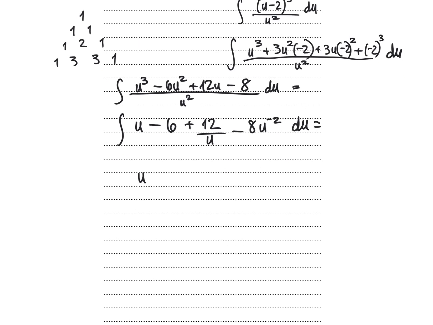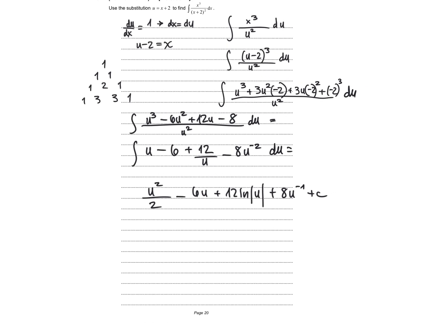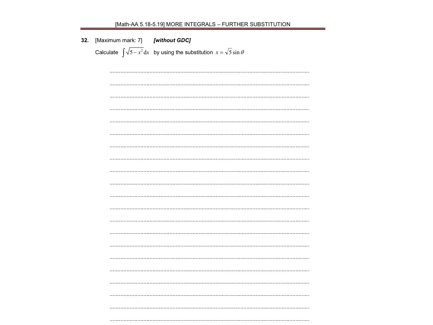And then integrating: u squared over 2 minus 6u plus 12 natural log u minus 8u to the negative 1 over negative 1, so this term is positive, plus c. So u was x plus 2. So we're going to have x plus 2 squared over 2 minus 6 times x plus 2 plus 12 natural log x plus 2 plus 8 over x plus 2 plus c.